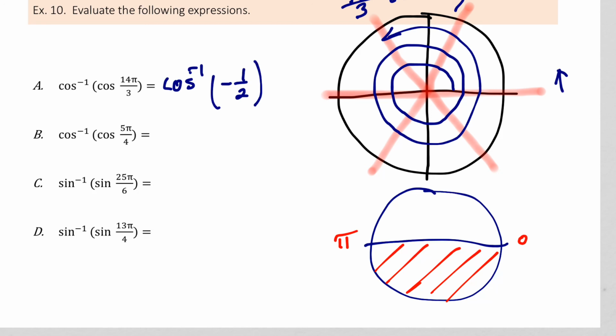That means we're right here. So this is 2 pi over 3. At that angle, we've got a cosine of negative 1/2. So 2 pi over 3 is the answer. That's the inverse cosine of the cosine of 14 pi over 3.